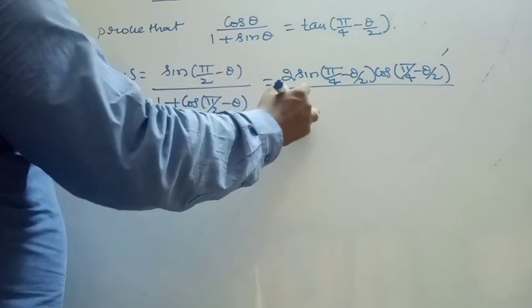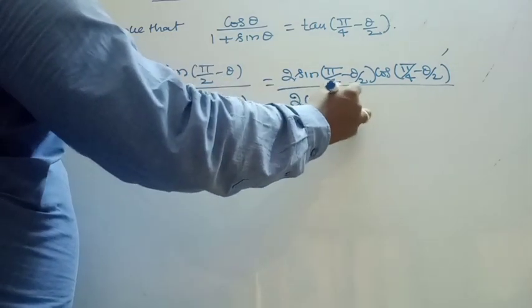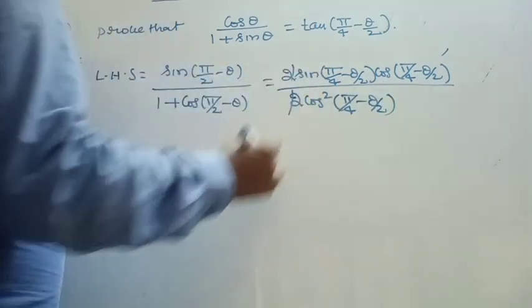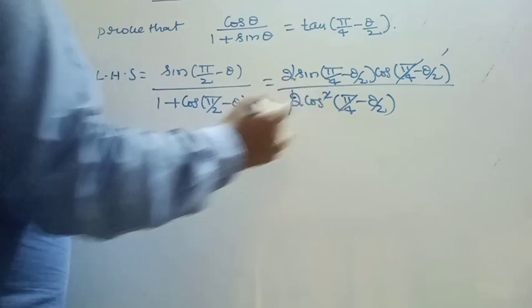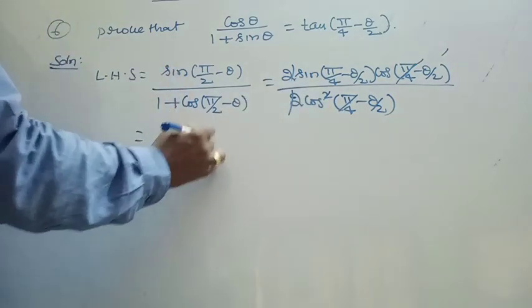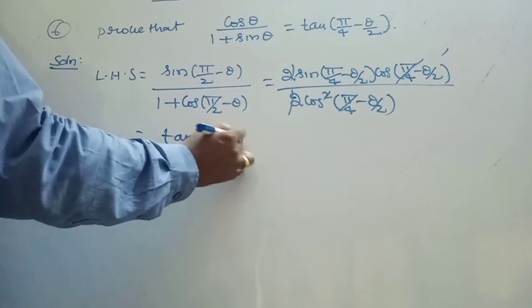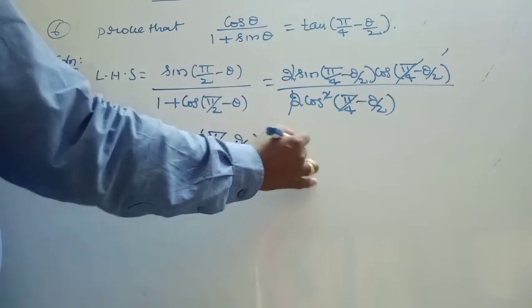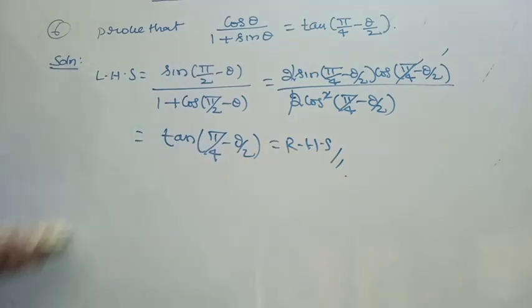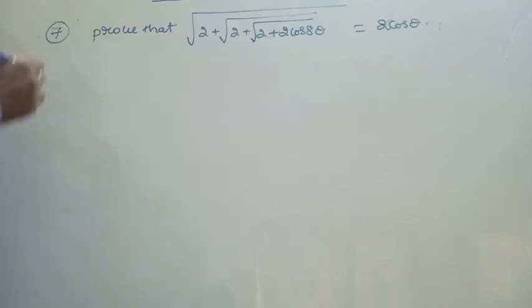That means 2 cos square of pi by 4 minus theta by 2. 2 will cancel. Now sin by cos, that is nothing but tan of pi by 4 minus theta by 2. This is the right hand side part. See how beautifully and nicely we got this problem, right?